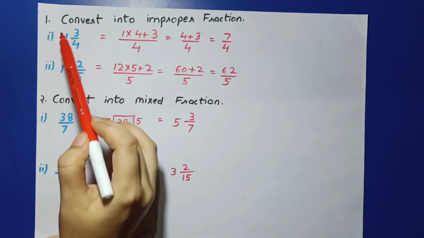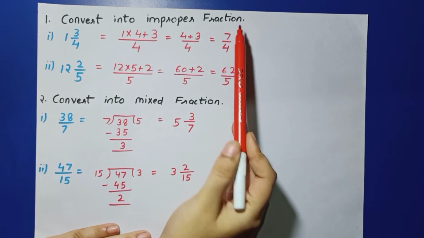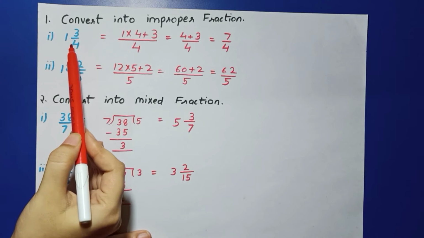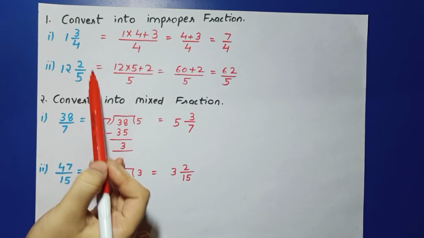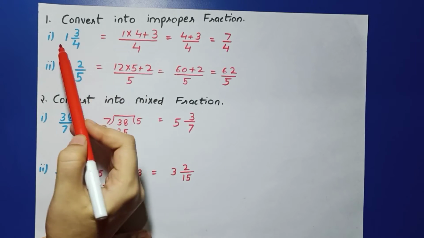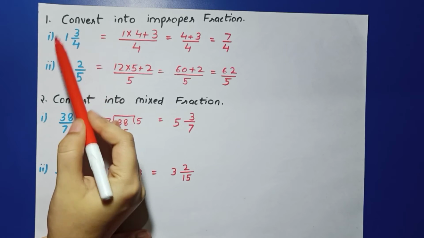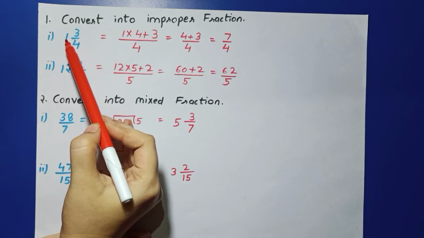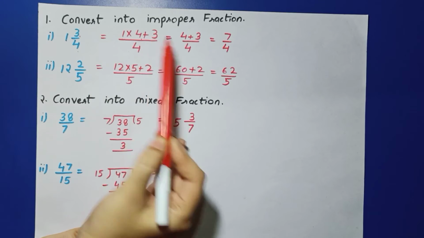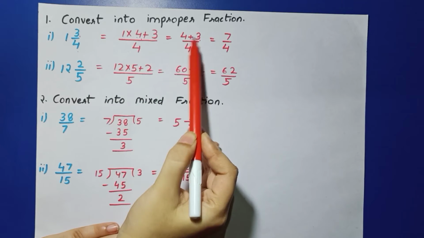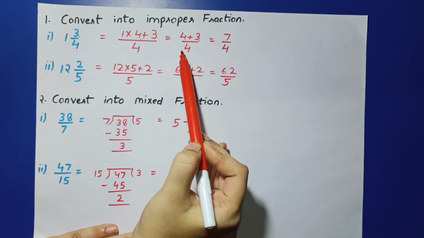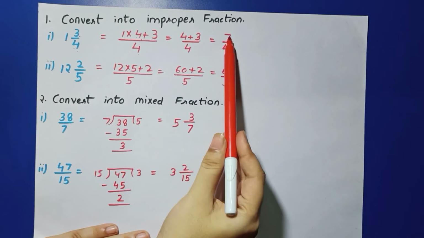The first question is: convert into improper fraction. These are mixed fractions. Why? Because here is a natural number and here is a proper fraction. So we have to convert them into improper fractions. How will we do that? Such numbers can be represented as 1 into 4 plus 3. We multiply and add the numerator: 4 ones are 4 plus 3 upon the denominator. 4 plus 3 is equal to 7, divided by the denominator, so 7 upon 4.